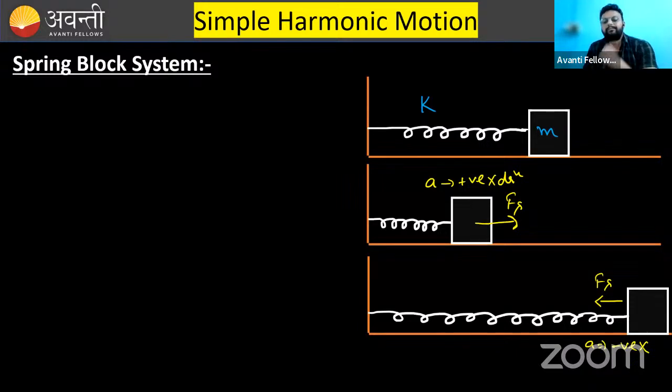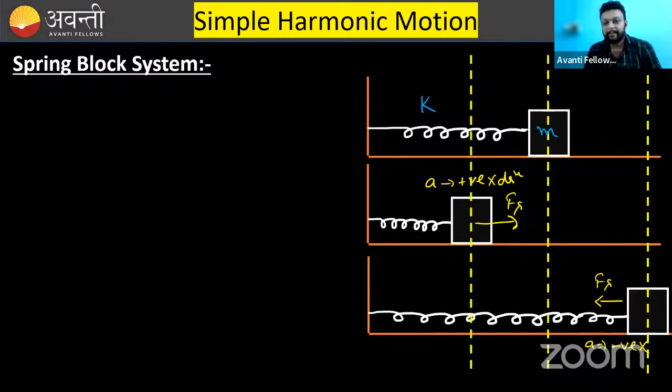So what I'm saying is that every time you stretch or compress the spring, the acceleration of the block is always towards a certain position, or you can say always towards the mean position. And this is the first condition of SHM. The acceleration is always directed towards the mean position, or towards a particular point, and that particular point is where acceleration is zero. One thing is clear.